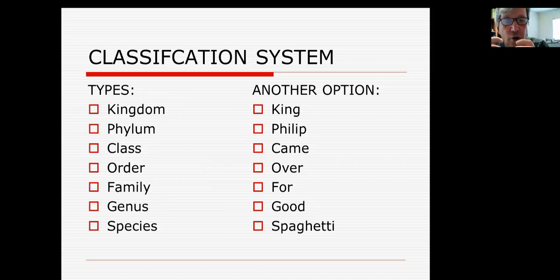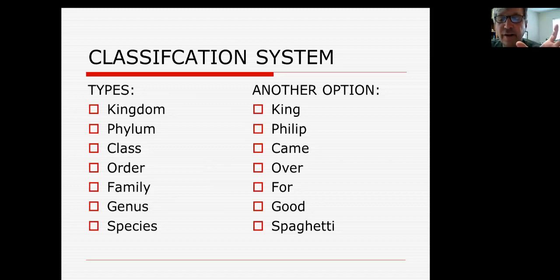It's smaller groupings. So when you look at this from the bottom to the top, you're going to have a bunch of different species within a genus. And then you're going to have different genera. The singular is genus, the plural is genera. So you may see the word genera, which just means more than one genus.